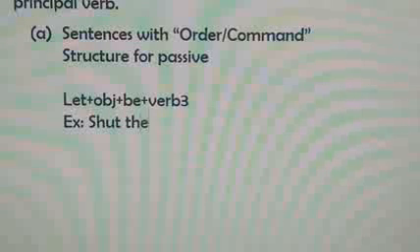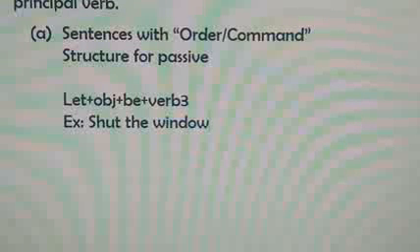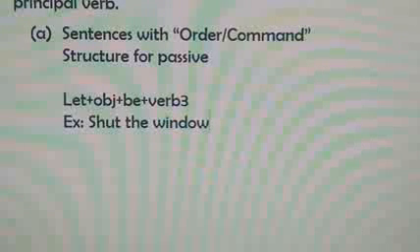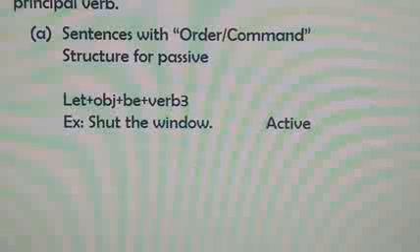Example. Suppose I'm writing, shut the window. This sentence is in active voice, and we will convert it into passive, my dear children.